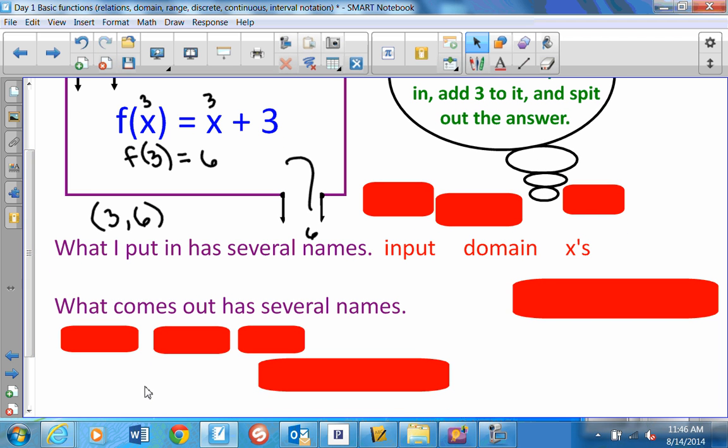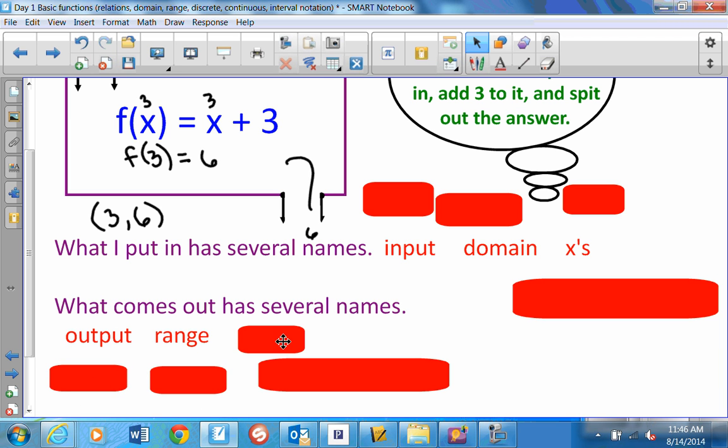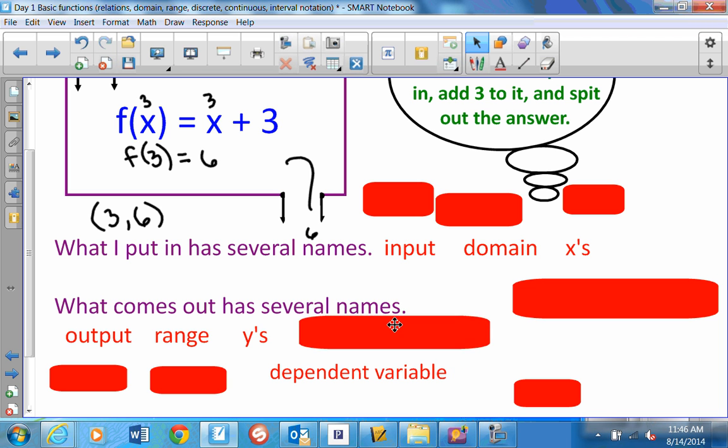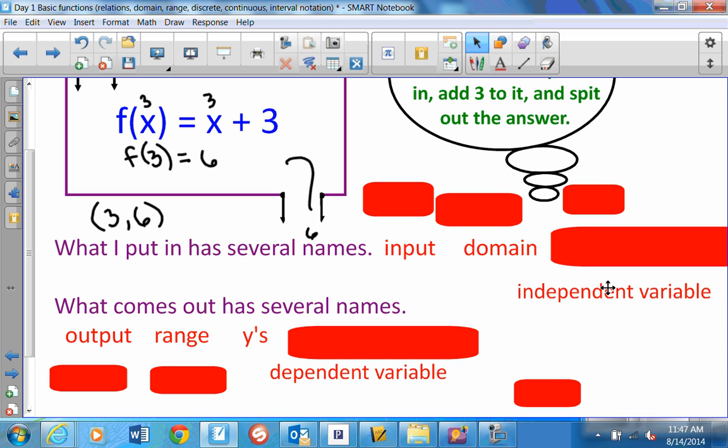Output, good. Range. And what's this one? It's the dependent variable. So guess what the X is? Independent variable. Yep. Your X is always your independent variable. Your Y is your dependent variable.